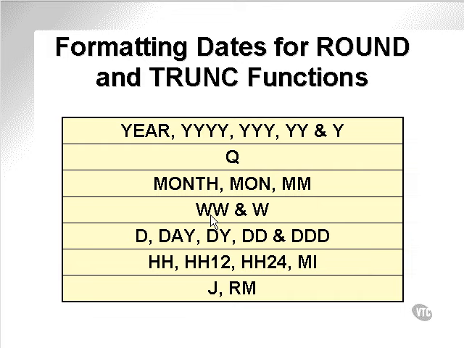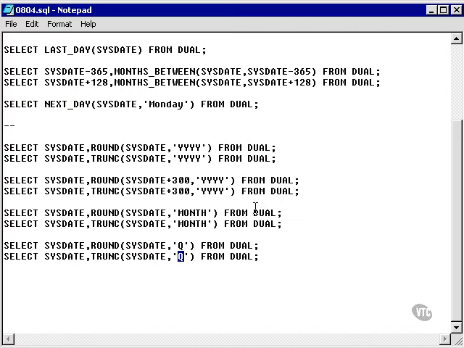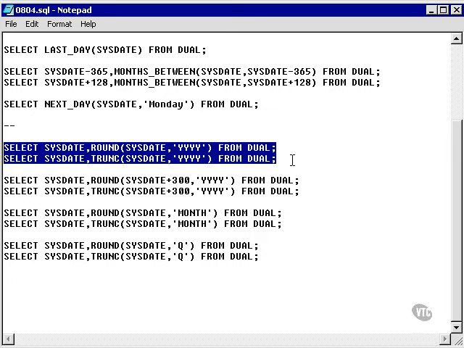In other words, round or truncate to a year, a month, a day, etc. We won't go into the details of these formatting functions at this point. If you want to find out what all these format specifiers mean, go into the documentation on TechNet Online. All I'm going to do at this stage is to take you through some examples.